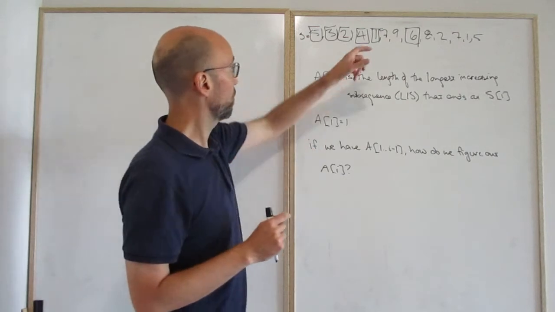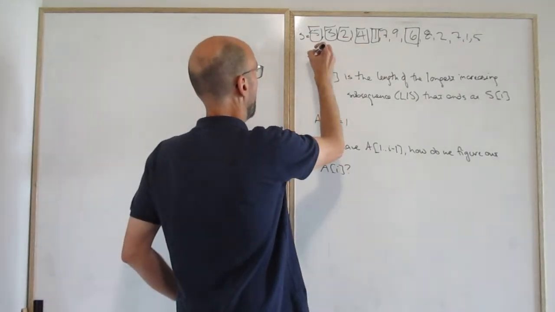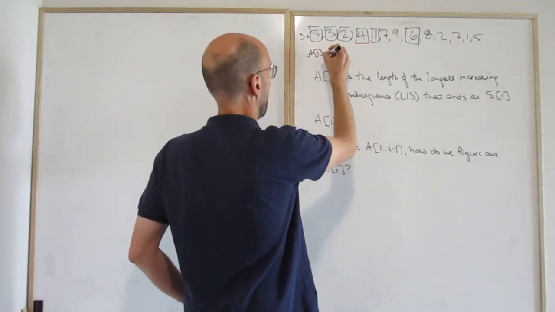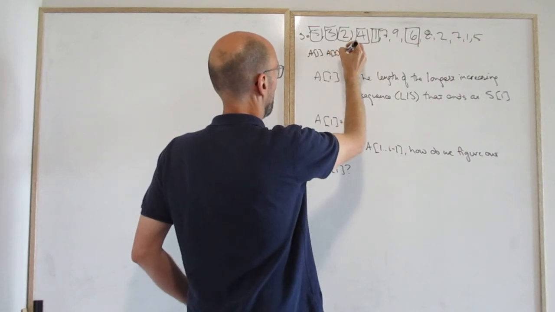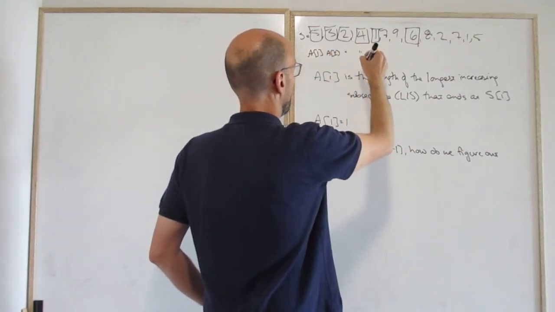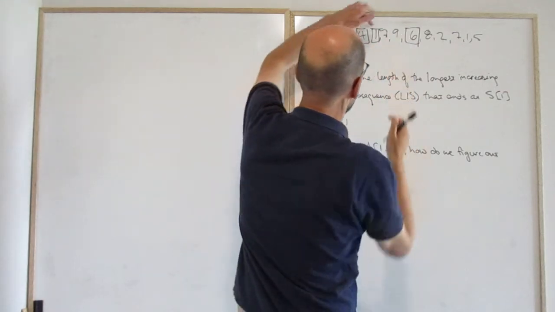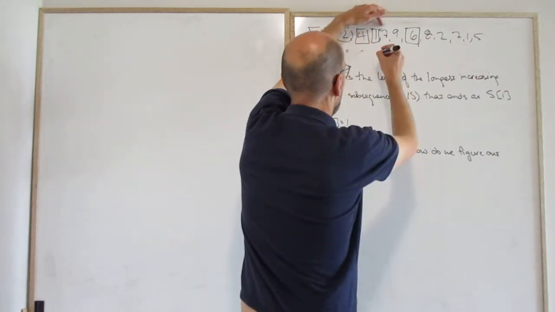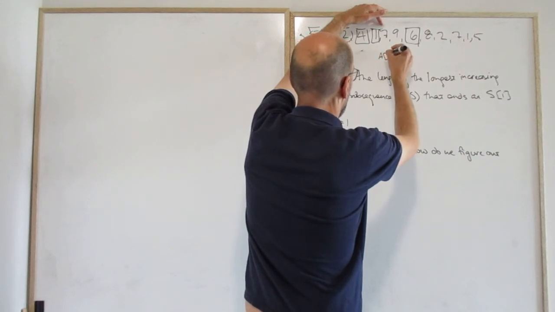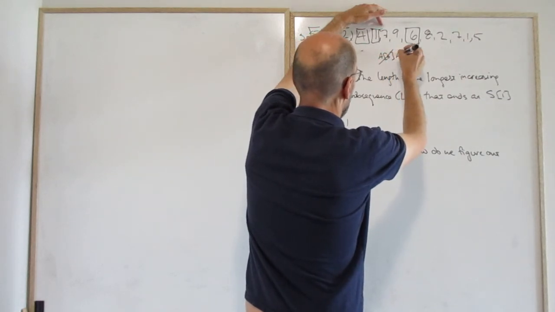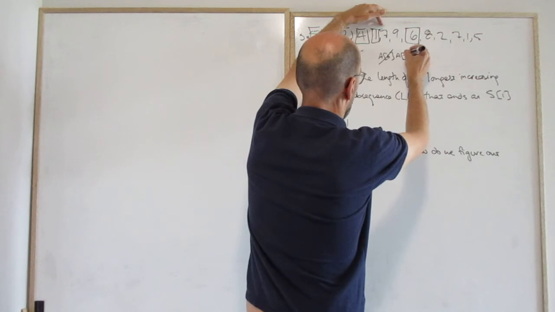So we're going to look at A_1, A_2, A_3, A_4, A_5. We're not going to look at A_6, and we're not going to look at A_7.